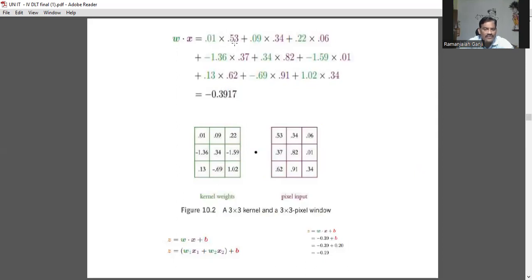So 0.1 into 0.53 plus the second value in the 3 by 3 matrix, 0.9 into the pixel input 0.34, and 0.22 into 0.06. In this fashion, kernel weights are multiplied with pixel input in order to produce the required outcome.